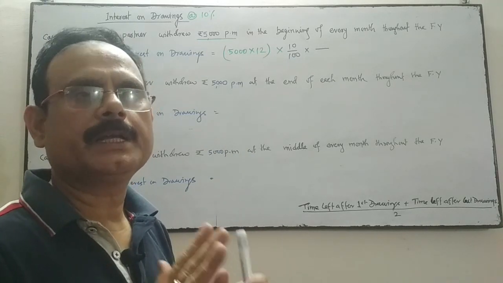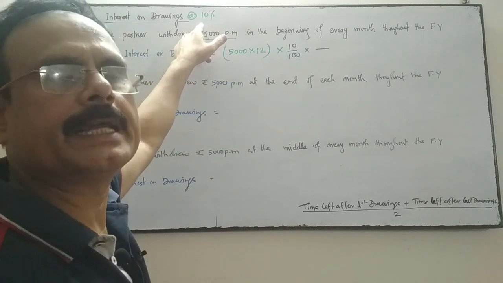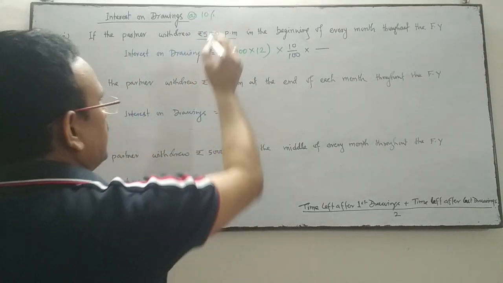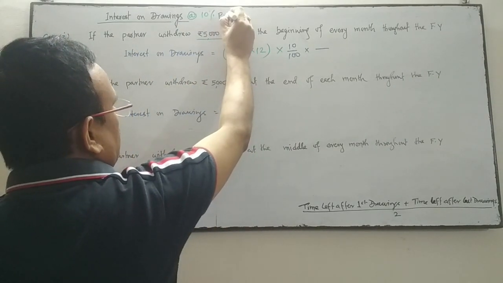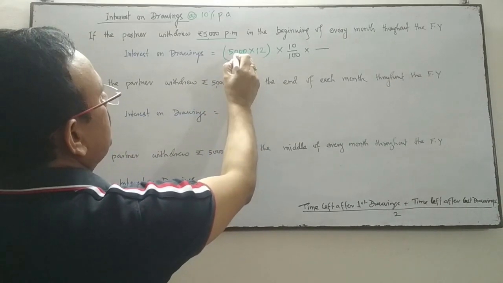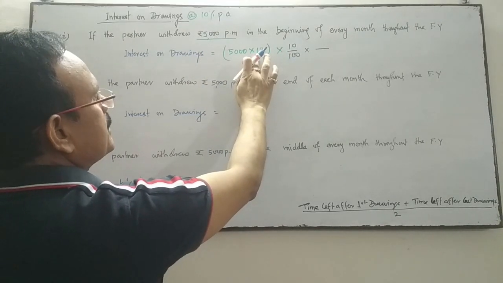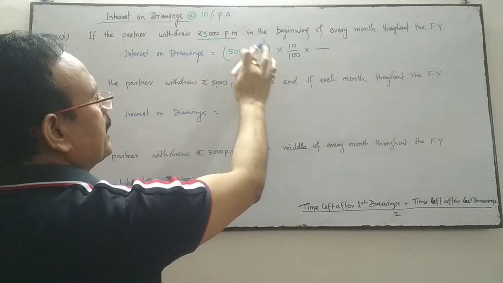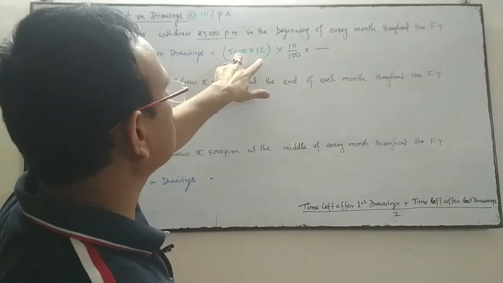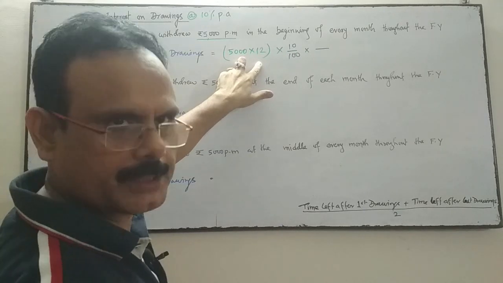Then what will be the interest on drawing? Suppose the rate of interest is 10% per annum. So, interest on drawing is equal to 5,000 rupees per month. In a financial year, there are 12 months, so 5,000 into 12 is the drawing for the whole financial year, which is 60,000.